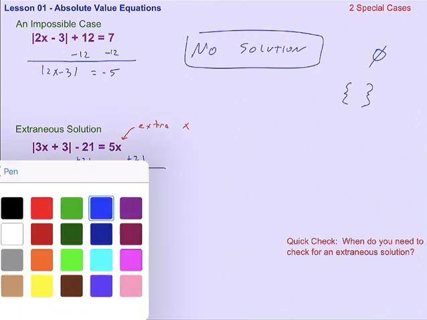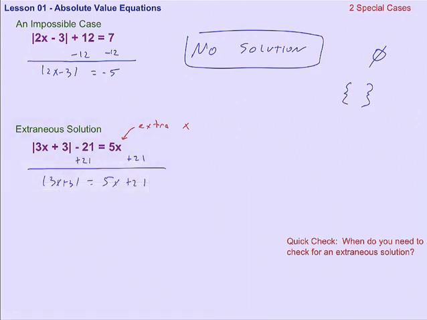My separate step. When we do our separating, it's the same rule as before. If the absolute value of 3x plus 3 equals 5x plus 21, whatever that is, I don't quite know yet, well, that means that 3x plus 3 by itself is either equal to 5x plus 21, in which case its absolute value would be 5x plus 21, or 3x plus 3 could be equal to the opposite of 5x plus 21, which would be negative 5x minus 21.